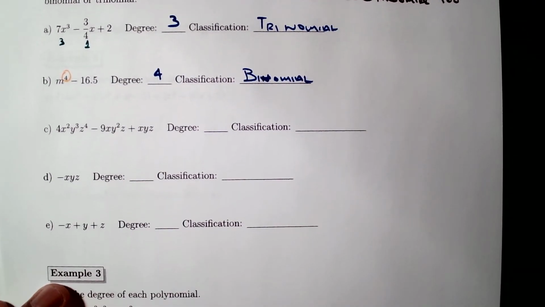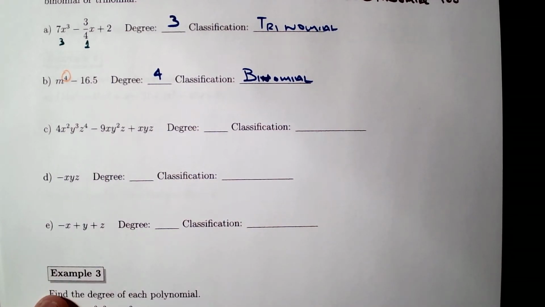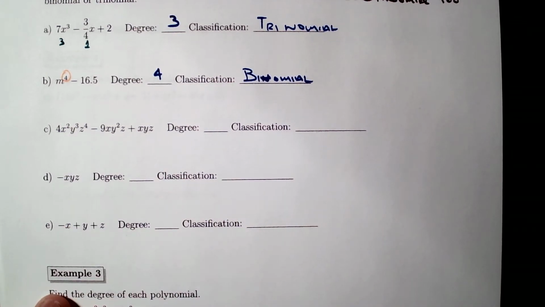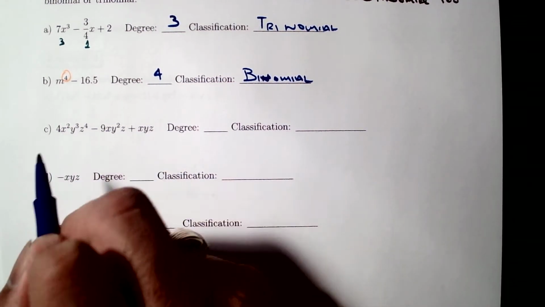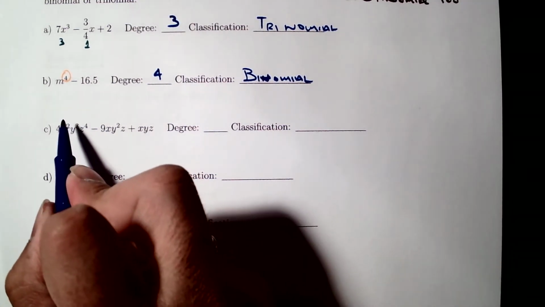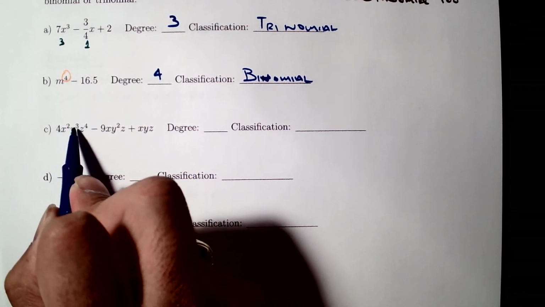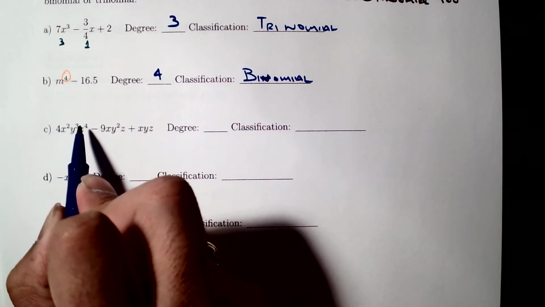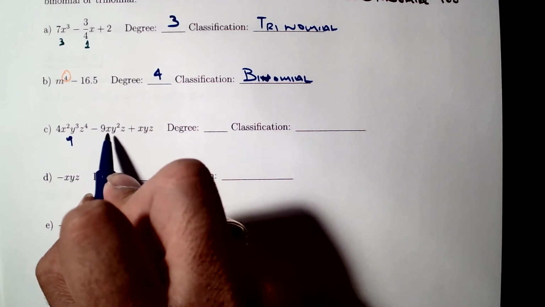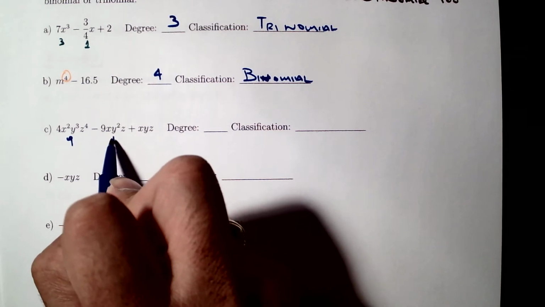Something like letter C might be a little bit tricky because we have a lot of letters and numbers, but again, the degree will come from the sum of the exponents of the variables that appear in every single term. For example, the overall degree of this first term is the sum of these exponents, 2 plus 3, which is 5, plus 4. This is degree 9. In the second term, we have the powers 1 and 3. If we combine them, this is 4th degree.